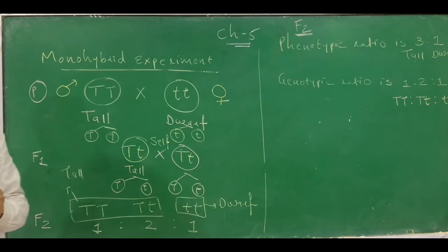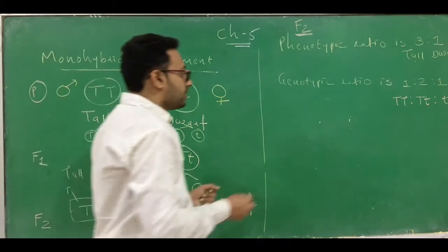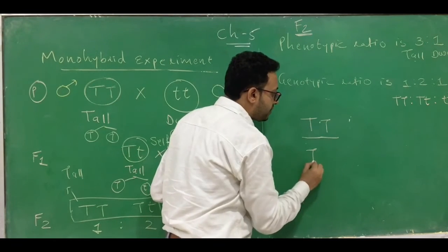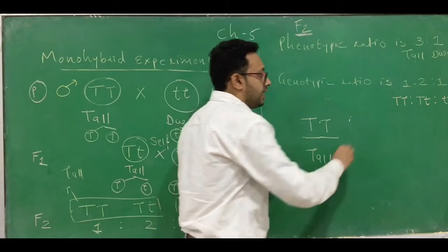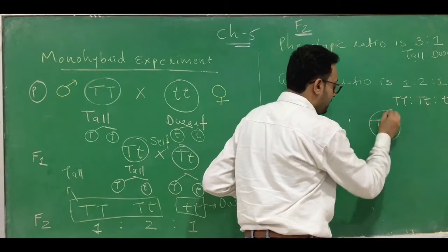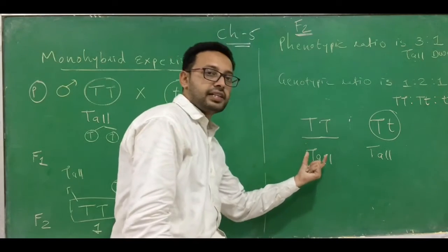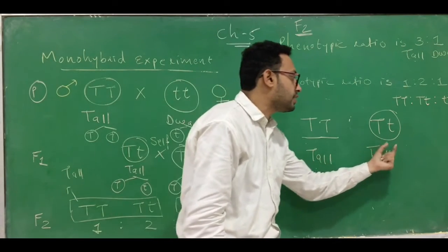Now today what we have to understand: here capital T indicates tallness, and capital T, small t also indicates tallness. The meaning of capital T is tall, and capital T, small t is also tall.